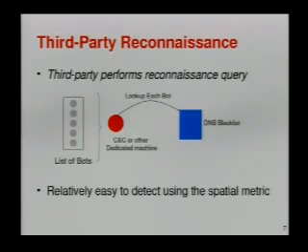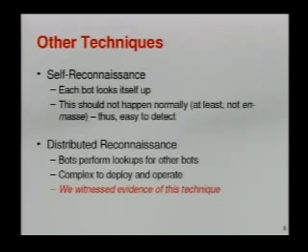Of course, this type of thing we expected to be the predominant technique, hence the heuristic we developed. This is exactly the kind of thing the heuristic would pick out pretty well. We did see some of this. There are a couple other techniques.